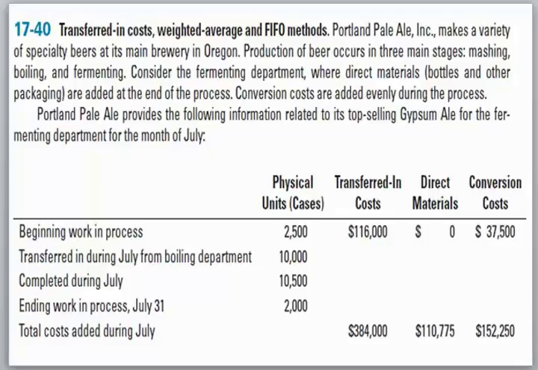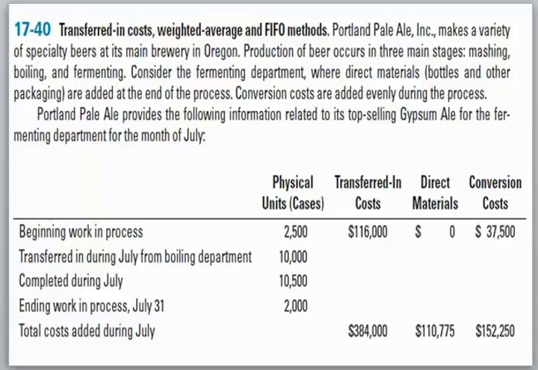Consider the fermenting department, where direct materials, bottles, and other packaging are added at the end of the process. Conversion costs are added evenly during the process, and Portland Pale Ale provides the following information related to its top-selling gypsum ale for the fermenting department for the month of July.